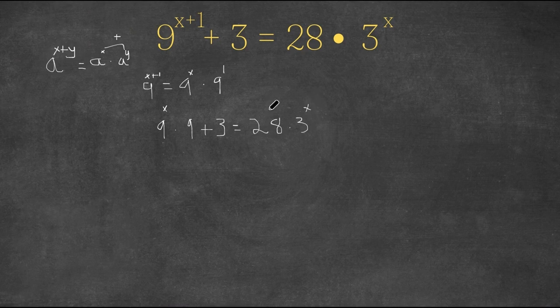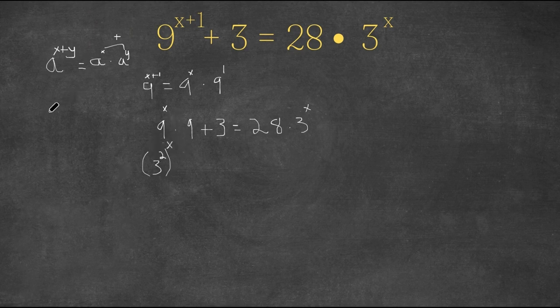So now what we're going to do is change up our 9 to the power of x, and convert it to 3 to the power of 2, to the power of x. Because remember, 9 is equal to 3 squared.